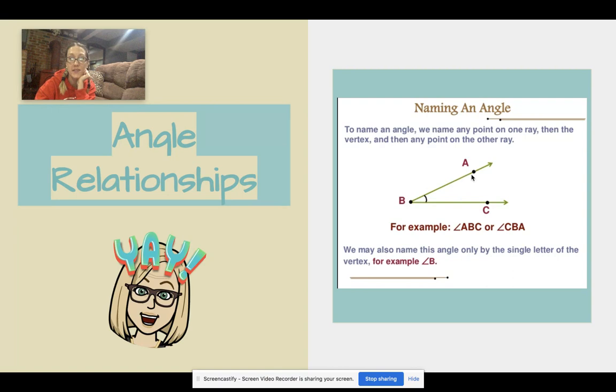We would call this line segment AB or ray AB, this one ray BC. And our vertex, that corner piece, that's our angle, and we would usually call that angle B. So that's just a quick refresher in case you forgot.